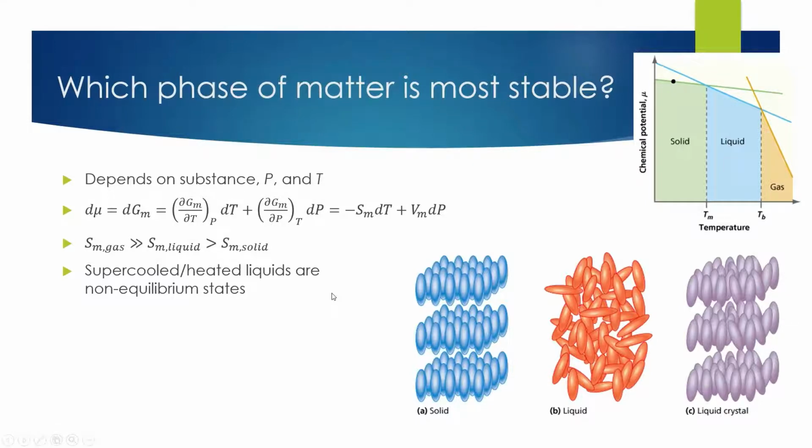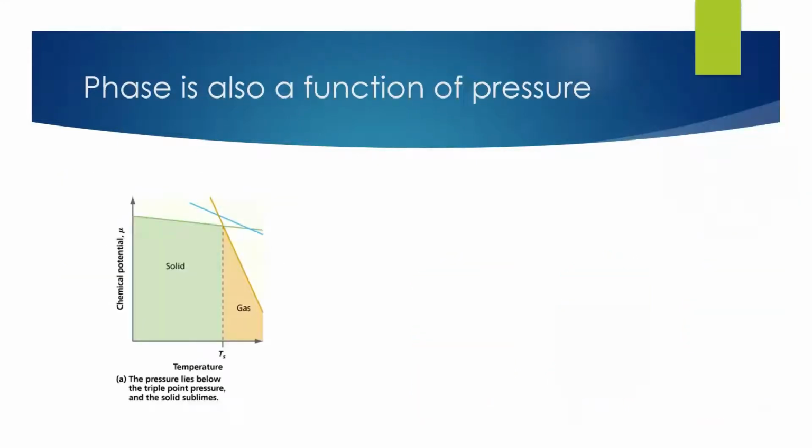Like we mentioned earlier, the phases of matter is also a function of pressure, not just temperature. So we'll start by considering carbon dioxide, and you likely all are aware that solid carbon dioxide is dry ice. And it's called dry ice because it looks like an ice cube, but then it doesn't melt. It goes right to the gas phase.